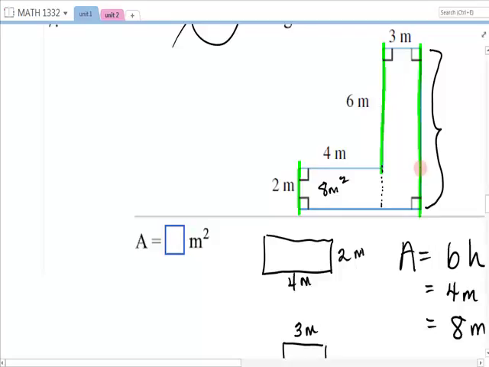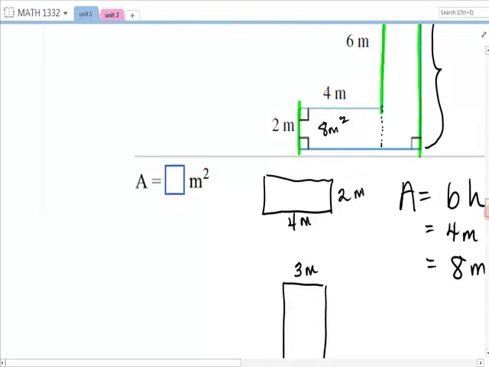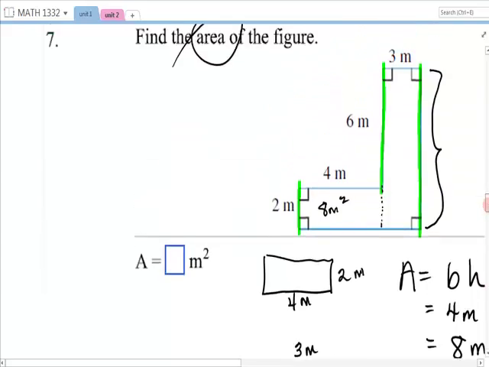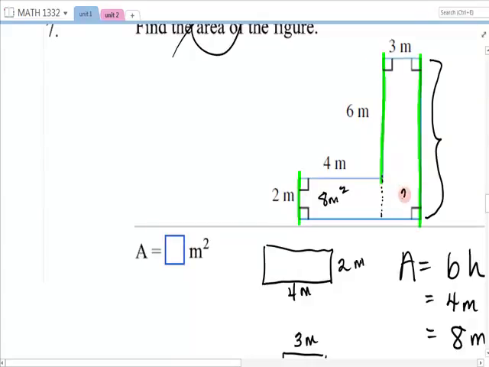You will see if you look at mine on my lecture notes that I put a little dot here and I put that this is 2 meters and this is 6 meters, which means it's a total of 8 meters. Does that make sense? That measurement's not given, but there's enough information to get it. Looking over here, you can see that that one's 2 meters, this one's 6 meters for a total of 8 meters.